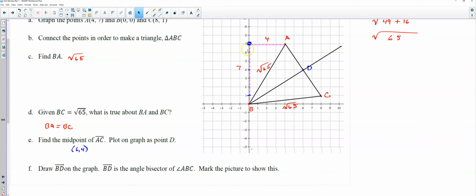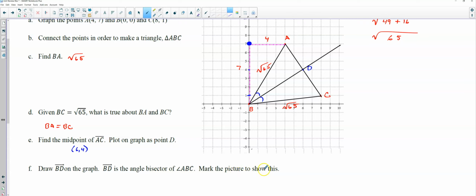There we go. So now I have ray BD. All right. So on the graph, ray BD is the angle bisector of angle ABC. That means that this angle and this angle must be congruent.